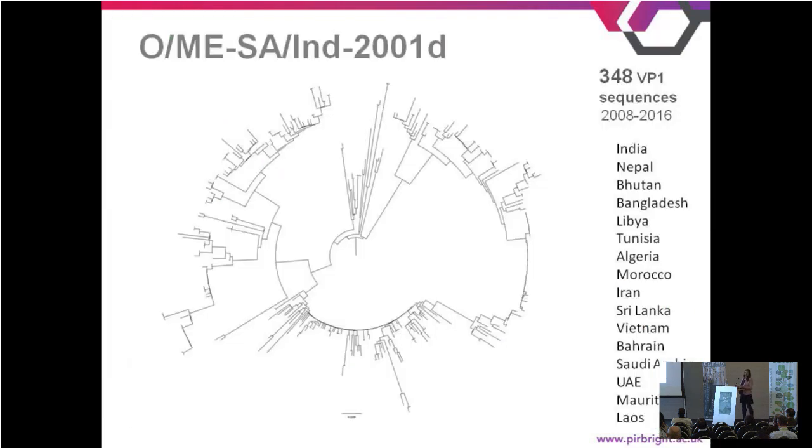I have plotted almost 350 available sequences, either publicly available or generated at the Pirbright Institute, into a phylogenetic tree. I have also listed countries that have been affected by the virus over almost a decade.